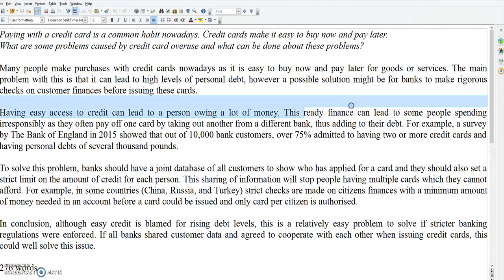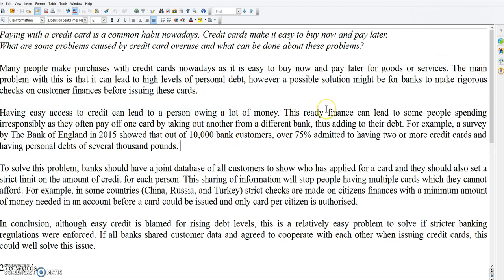So easy money, people spend irresponsibly because they pay off one card by taking out another card, thus adding to their debt. So this sentence is explaining the previous one. How can it lead to people owing a lot of money?